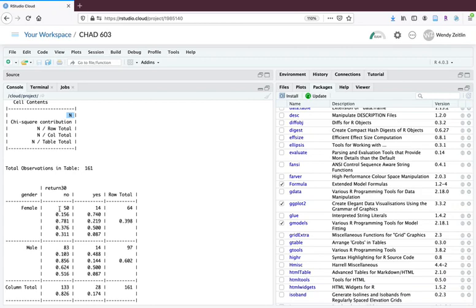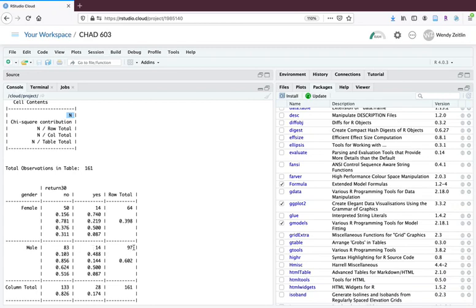So we see that we have 50 females that did not return, 14 who did, and this row total tells us of all the females, we have 64 people in our sample, and of all the males, we have 83 who did not return, 14 who did, and 97 total.